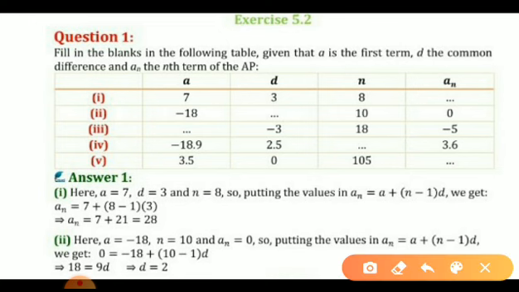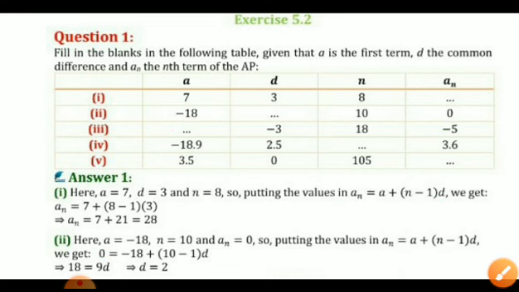Similarly, the second question: you have been given the value of a, n and a_n, and you have to find the value of d. Again make use of the formula a_n = a + (n - 1)d. a_n is given to be 0, so 0 = -18 + (10 - 1)d.